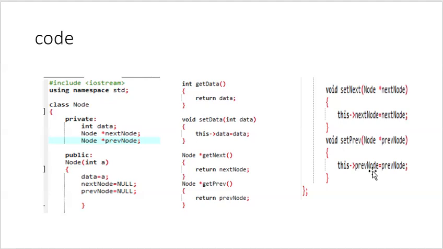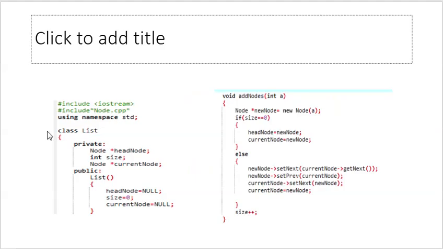So we will use these functions and pointers in our code. This is one CPP file which I will save with the name node.cpp. Like this you can call it by just including its name, as we just include node.cpp, so this previous file will be included in this file.